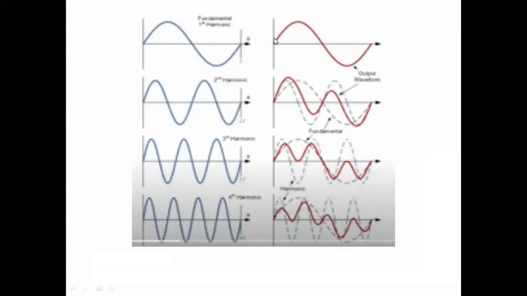When we apply the input to a particular device, it should show the same replica of the input, the same waveform shape at input and output. Whenever this fundamental frequency signal is mixed with the second harmonic signal, we will get this waveform.